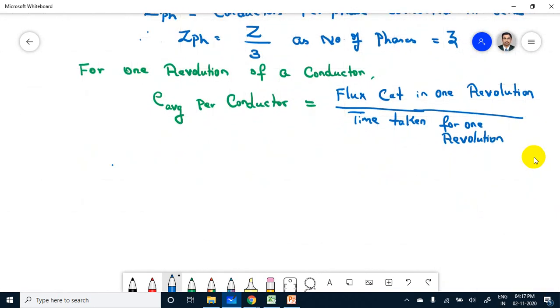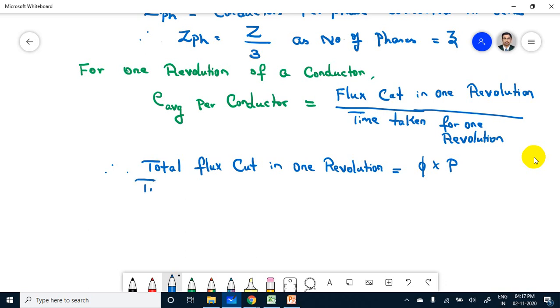Therefore, the total flux cut in one revolution is equal to flux φ into P, where P is the number of poles and φ is the flux.